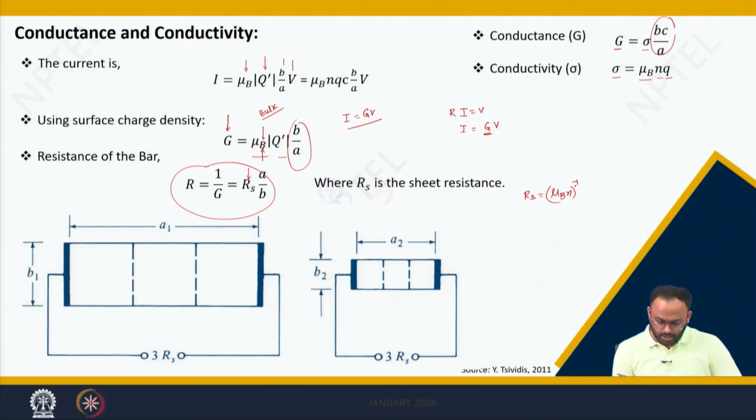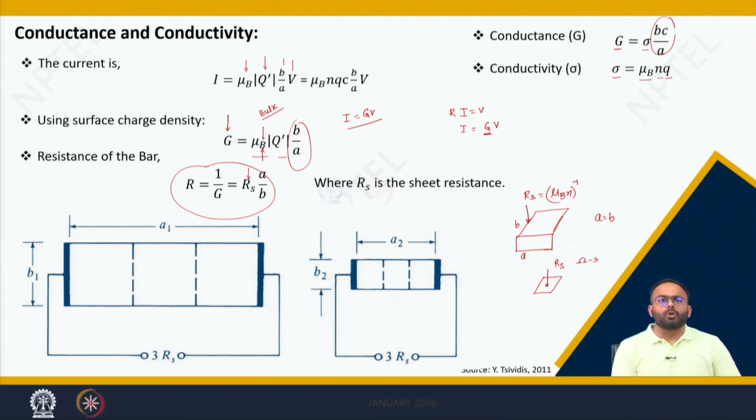What it means is, for example, you have a specimen like this where this is B and this is A. In some cases, if A is equal to B, then from the top it looks like a square, right? So we can simply relate our resistance or conductance in terms of squares. So this is what is called sheet resistance in terms of ohm per square.